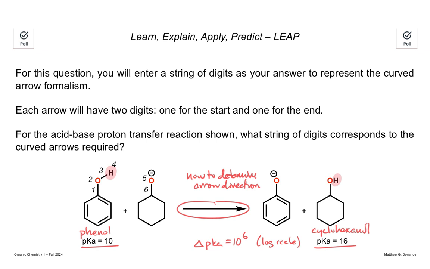So phenol is acting as the acid, and this negatively charged species is the base. The base is going to abstract that hydrogen using a lone pair of electrons on that oxygen. So the arrow starts there.